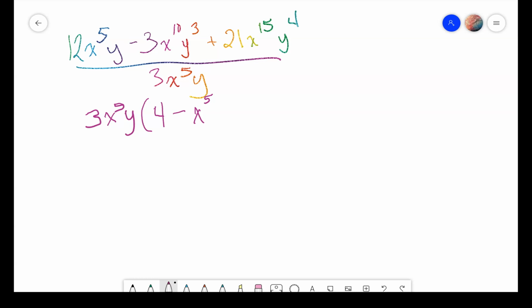Y and y to the 3rd gives me y squared. Done with that one. Now for the last one, 3 goes into 21 7 times. X to the 5th and x to the 15th we're subtracting, so that gives me x to the 10th. Y and y to the 4th gives me y to the 3rd.